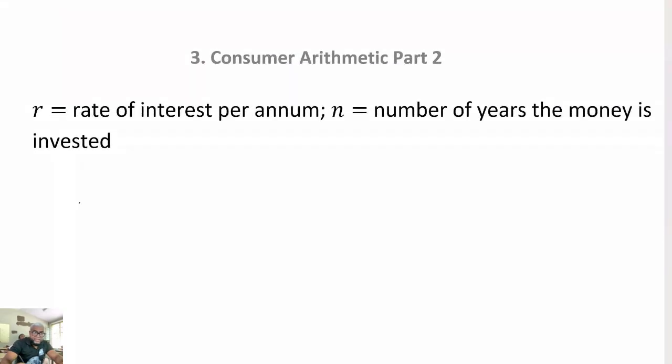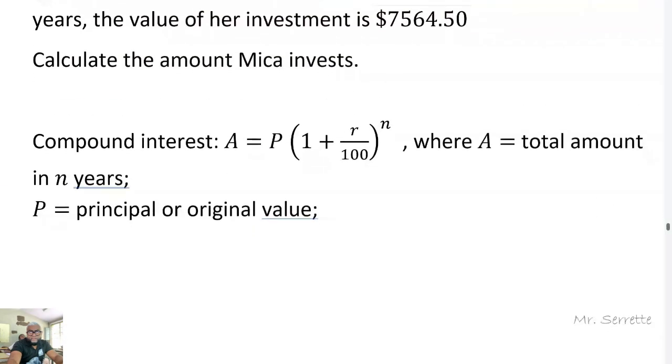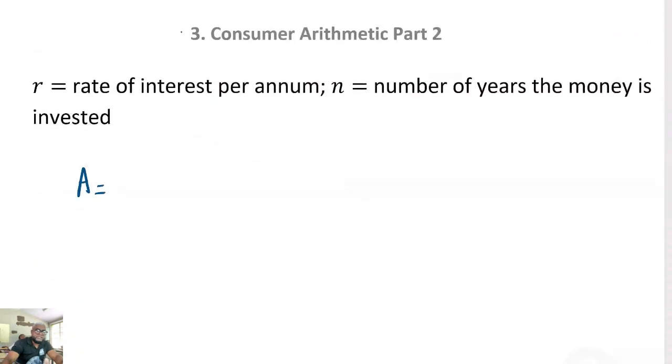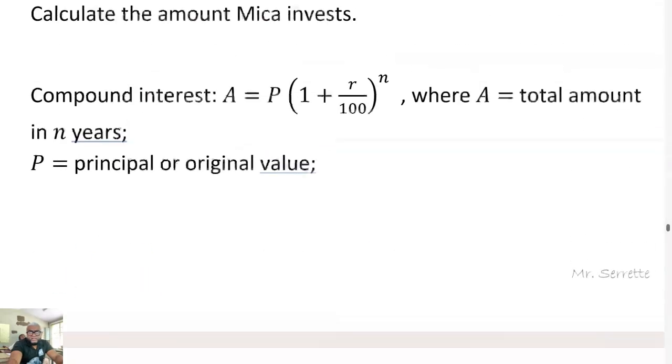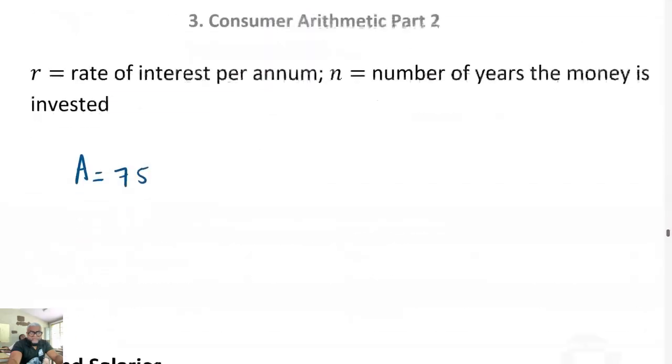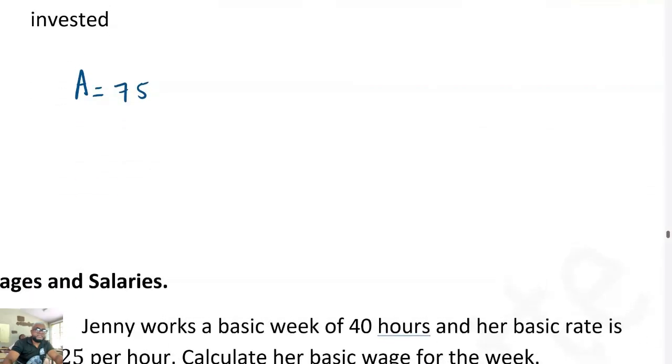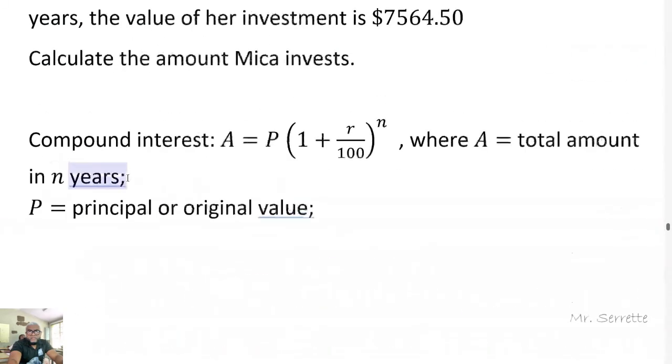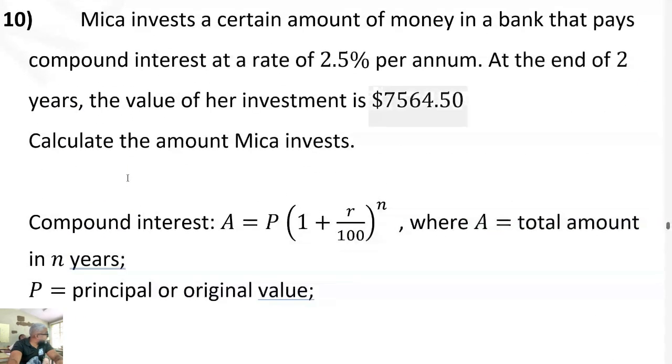A would be $7,564.50. We have N, at the end of how many years? 2.